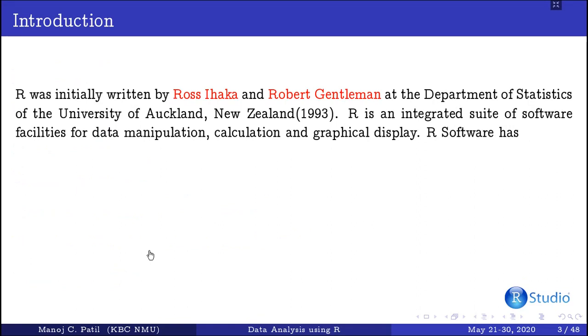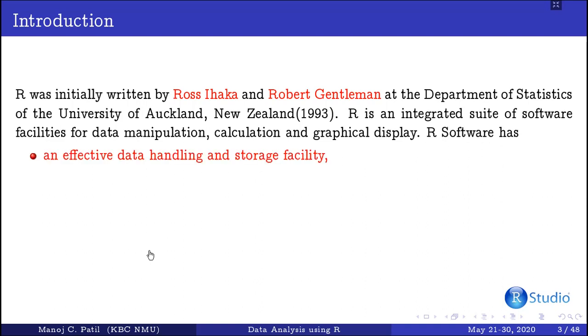What is R? R was initially written by Ross and Robert, at the Department of Statistics of University of Auckland, New Zealand, in 1993. R is an integrated suite of facilities for data manipulation, calculation, and graphical display.